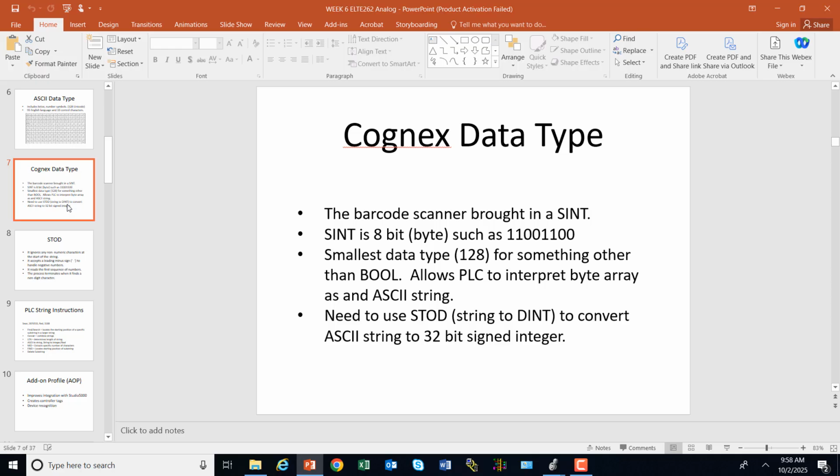But then we also wanted to bring in your name as a string data type, and then we put those into user-defined tags. So we had a combination of your name, the date stamp, the part number, and stuff like that, right?